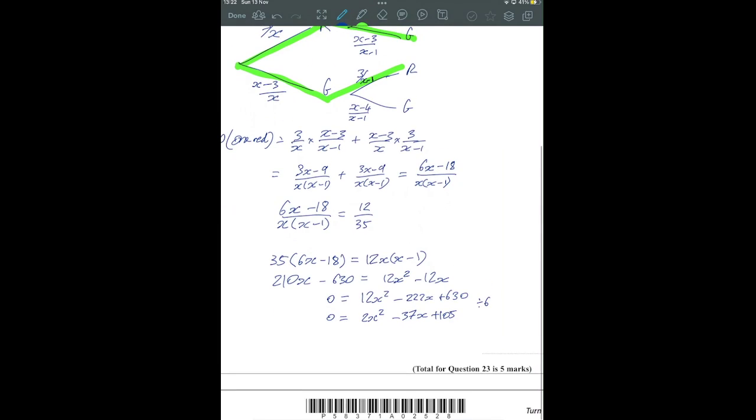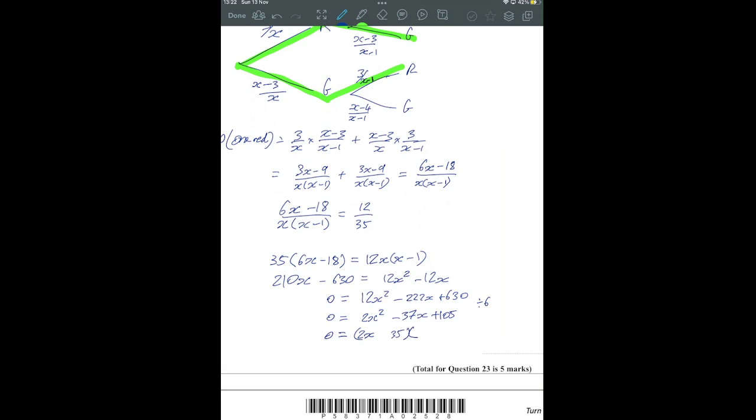Now again, you should probably just go to quadratic formula for this, unless you can spot the factorization. This factorization is sneaky. Is 105 a multiple of 35? It is 3 lots of 35. Now that doesn't work, because then I'll have a 2 times 3.